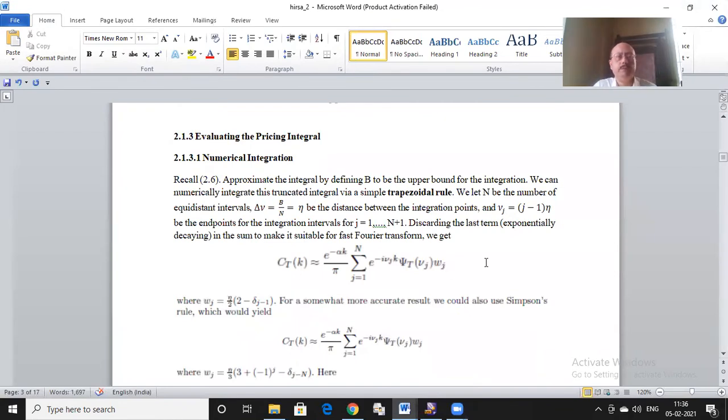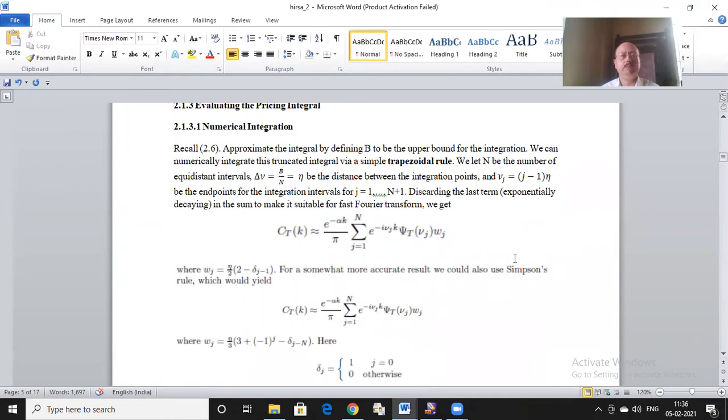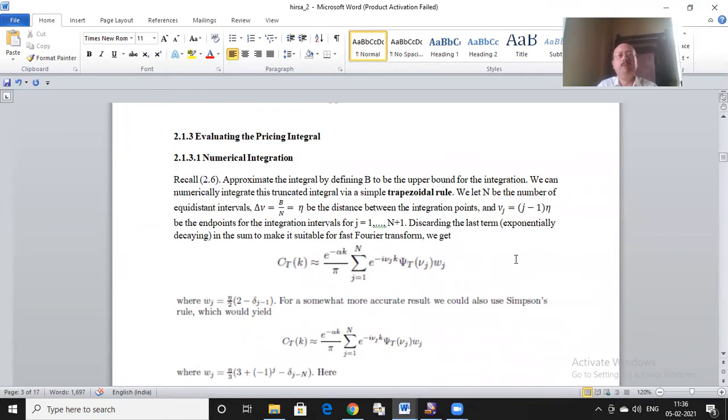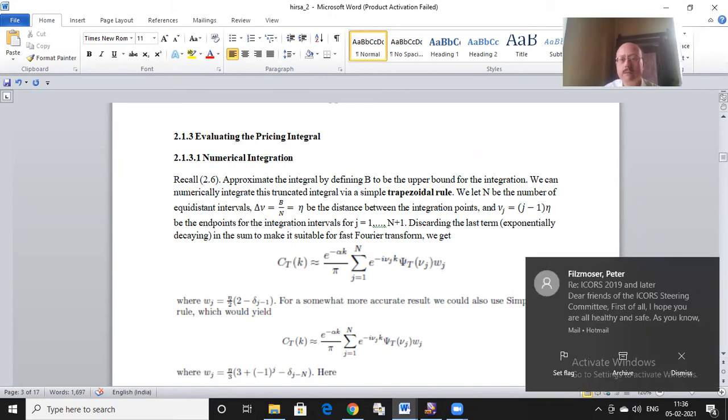Okay. So I want to resume from this point, where we talk about evaluating the pricing integral using numerical integration. How many of you remember numerical integration? We have all done it in our undergraduate days.